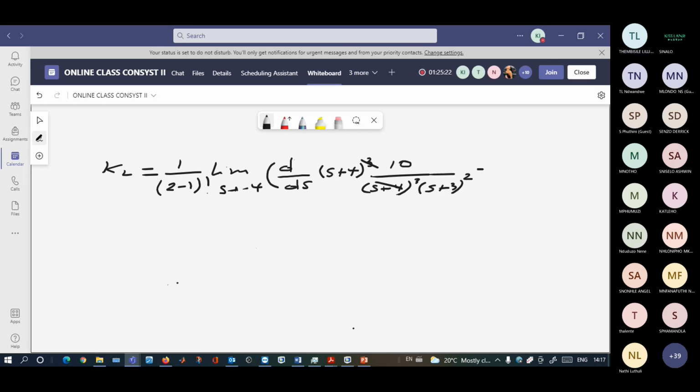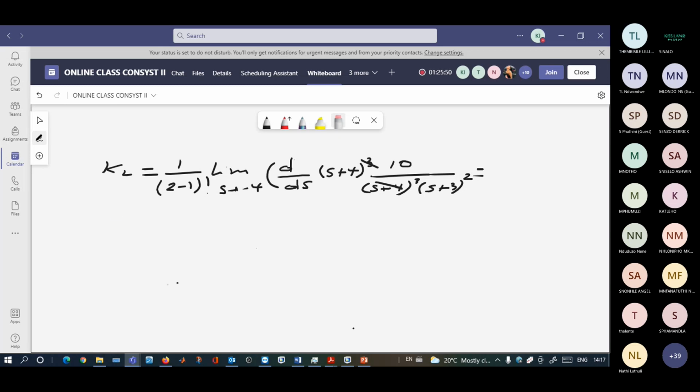So we're gonna have now here first derivative ds of what? Of 10 over s plus 3 squared. Okay, let me just write it properly. Let me write it down here.